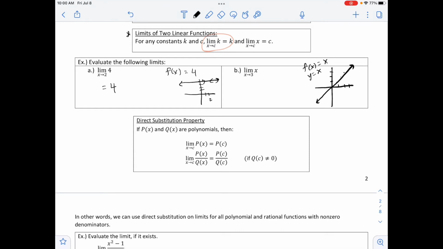This one is asking as x approaches 3, so here's 3, and as we approach 3, our y value from the left and from the right is also approaching 3. You can also see this as stated up above. The limit as x approaches c of x is just equal to c. So this would just be equal to 3.